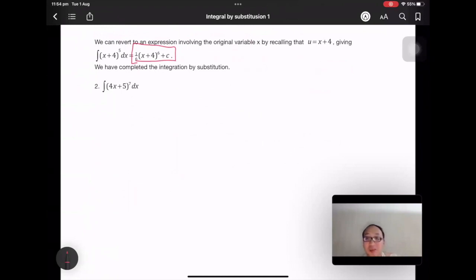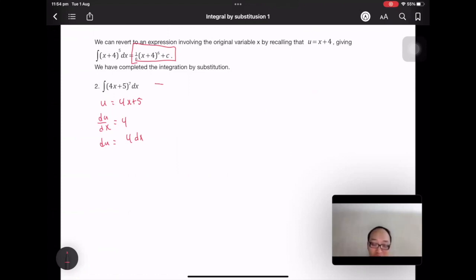Another example, integral of 4x plus 5 to the power of 7 dx. So using the substitution u equals 4x plus 5, du over dx is 4. So du equals 4 dx.